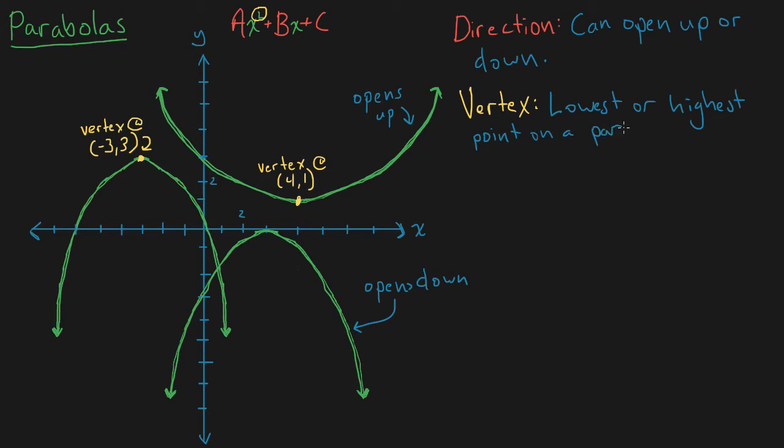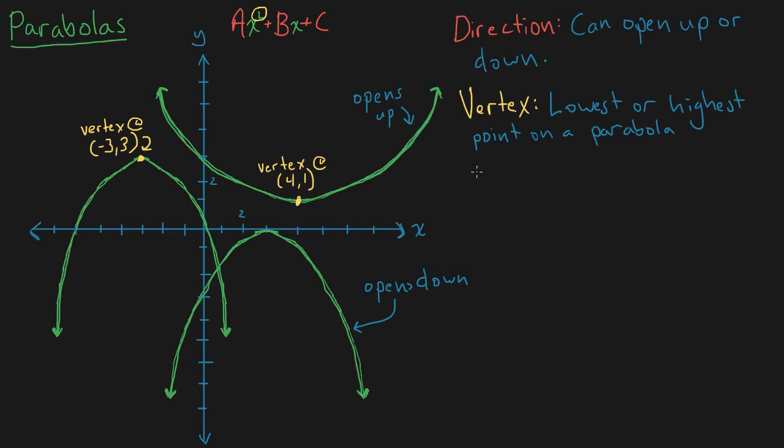We might be interested in the vertex for a variety of reasons. One place that we see parabolas a lot in the real world is when we throw objects, they track a parabola through space. If you wanted to know the highest point that the object was going to reach, then that would be at the vertex.